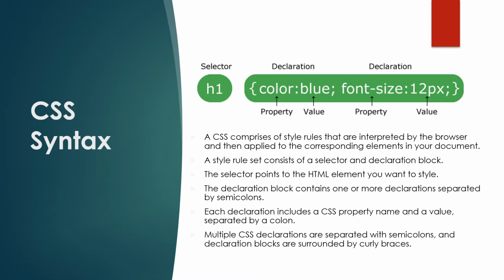In the second declaration, the CSS property font size is used and its value is set to 12 pixels. That means whatever content we have written in the H1 element will be displayed in blue color with 12 pixels of font size.